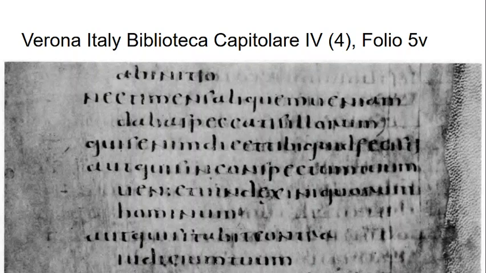It says, ab initio nec timens aliquem veniam dabas peccatis illorum, and then you've got a sort of clause marker. So, from the beginning, not fearing anyone, you gave forgiveness for their sins. So there you go, that's an example.